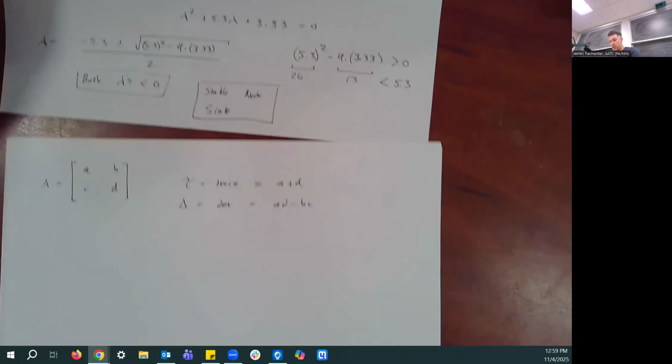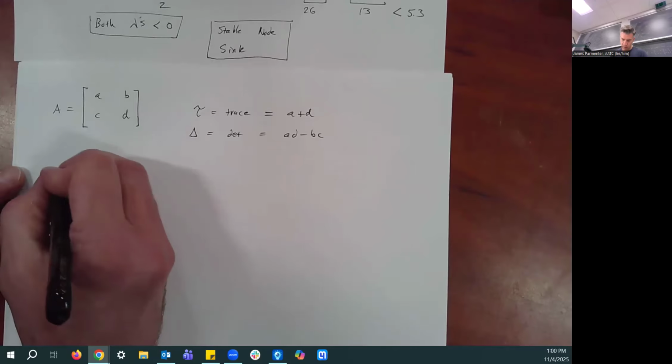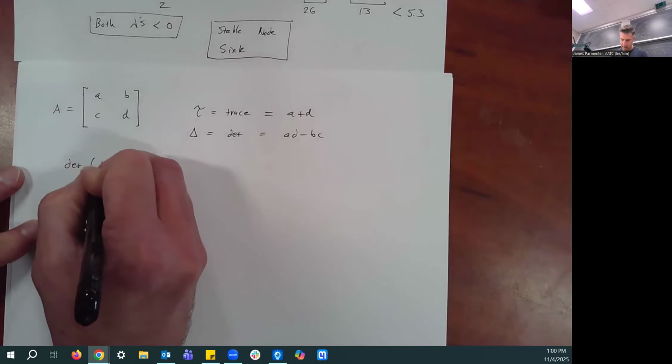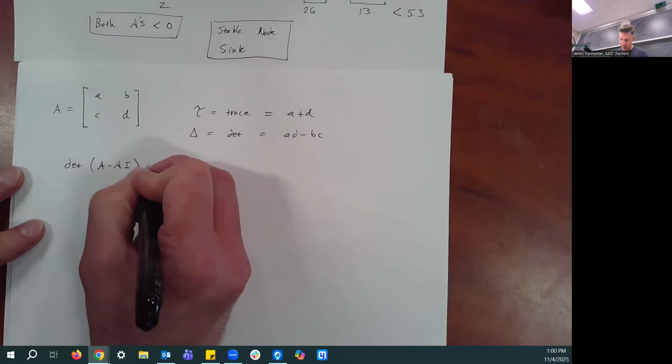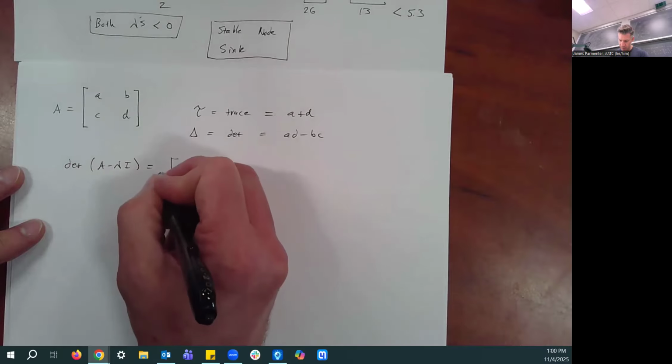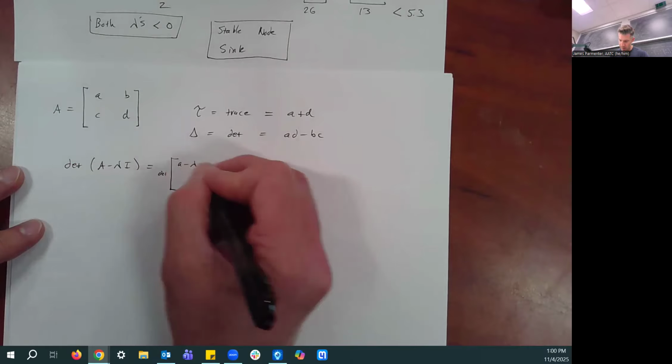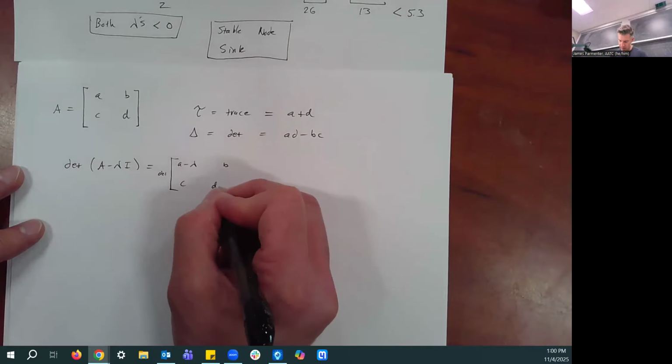And then check out what happens here. When we find the determinant of A minus lambda times I, we end up getting the determinant of the matrix A minus lambda, B, C, D minus lambda.